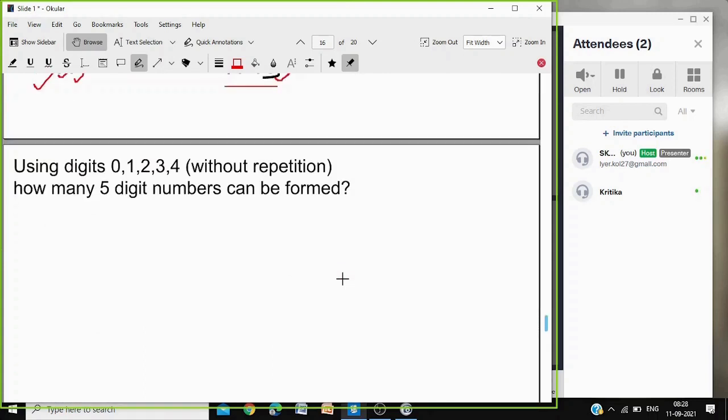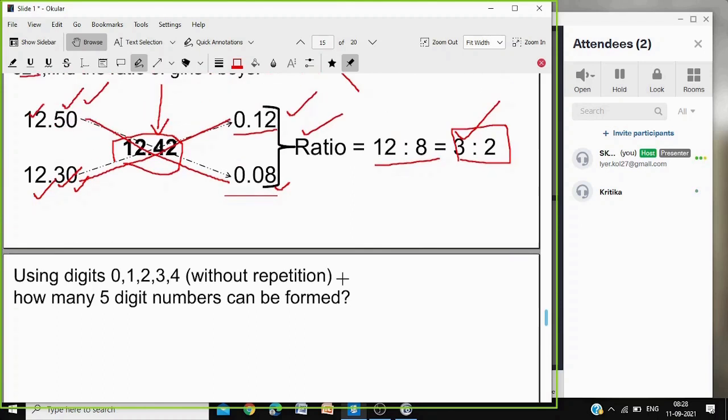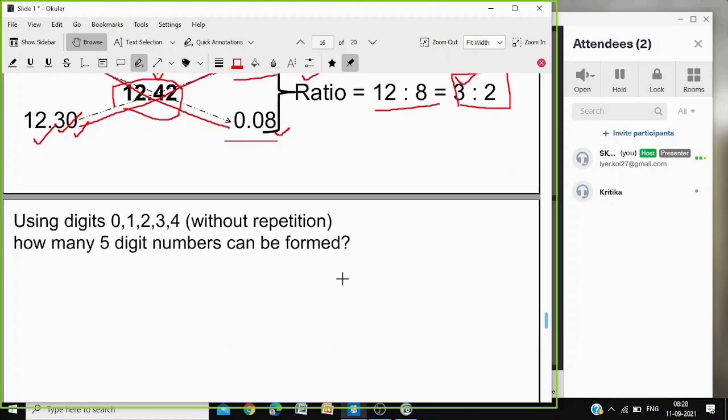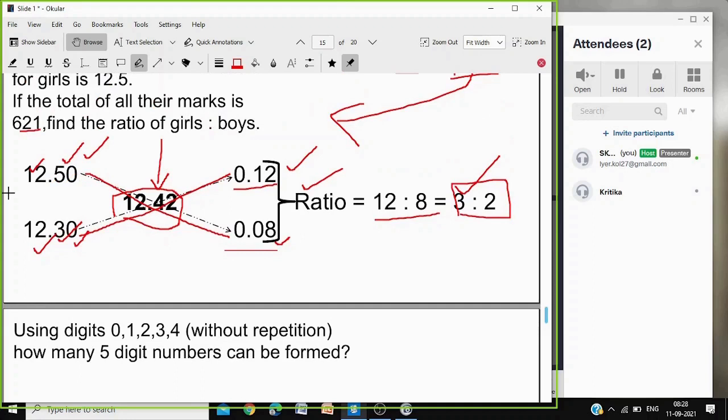Which one, Betty? 0.12 cross difference. How much is this one if you subtract? Cross difference: 12.50 the higher value, 12.30 the lower value, and this is the middle value. We found out the class average. So what is the difference? 12.50 minus 12.42.